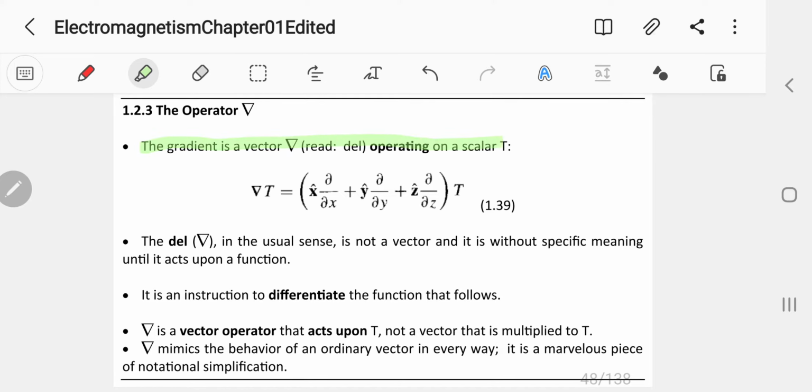For example, when you write this one in your notebook, you have to put the vector notation. Here it's not necessary because it's written in boldface. This is your function t, and so your del operator will just be this one here. That is the generalized derivative.